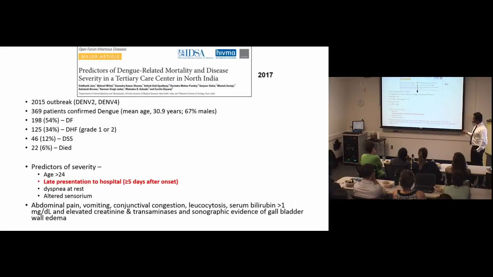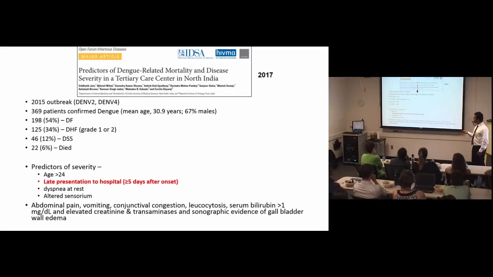They predicted that age more than 24 and late presentation to the hospital, more than 5 days, are significant predictors of dengue severity, which is very applicable to our tropical countries, because of access to healthcare and knowledge regarding dengue, people can present late. So this is a very important predictor.